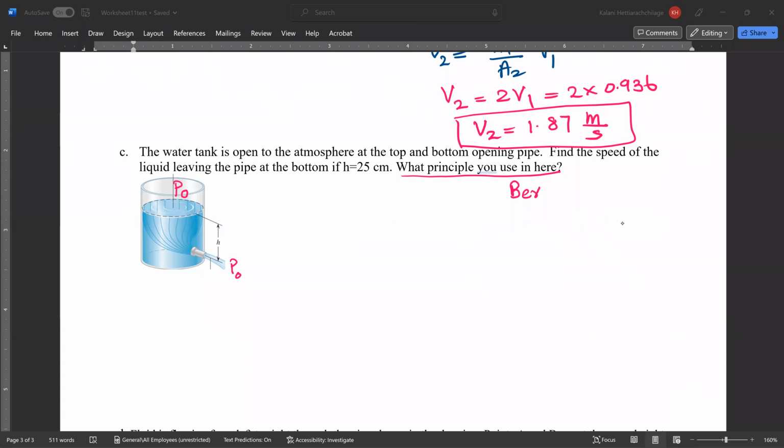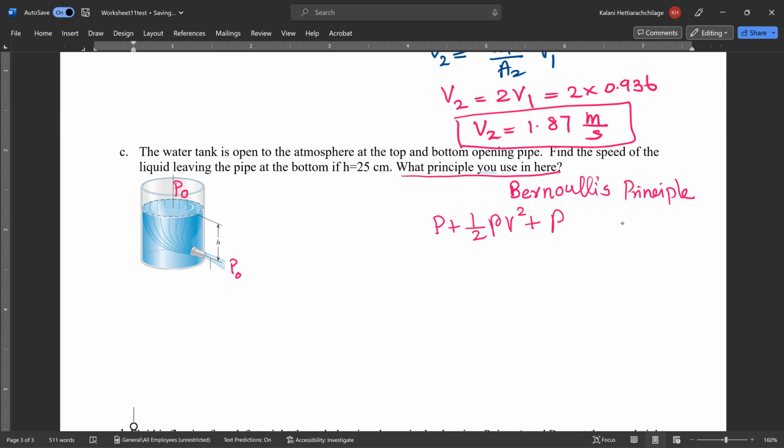So we have the Bernoulli principle. That's the principle that we're going to use here, right? Before that, I need to mark, because the Bernoulli principle says that if you take the pressure plus half rho V squared plus rho g h, it equals a constant.